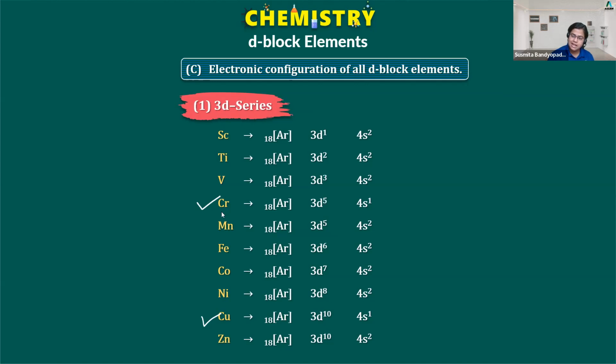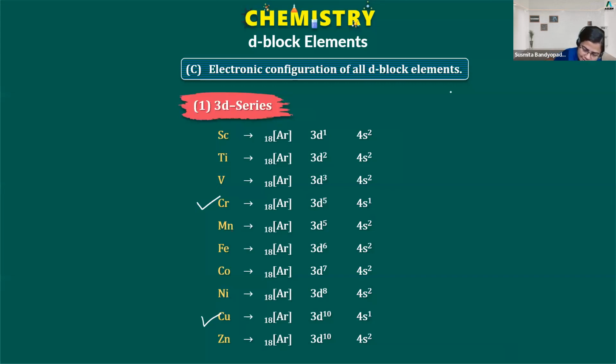Most stable oxidation state of chromium. This is an important thing. What about copper? Copper shows variable oxidation states of +1 as well as +2. Many of them are answering correctly.